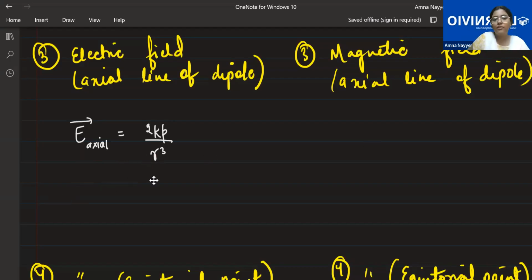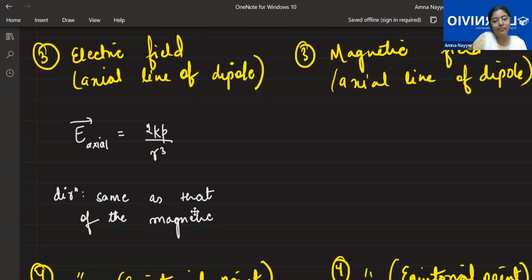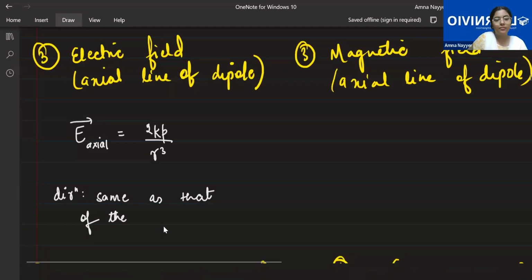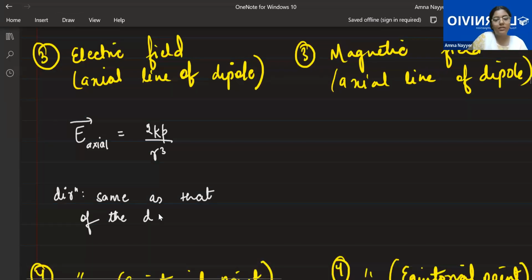Now see here also you have the direction when we write. It is the same as that of the dipole moment.